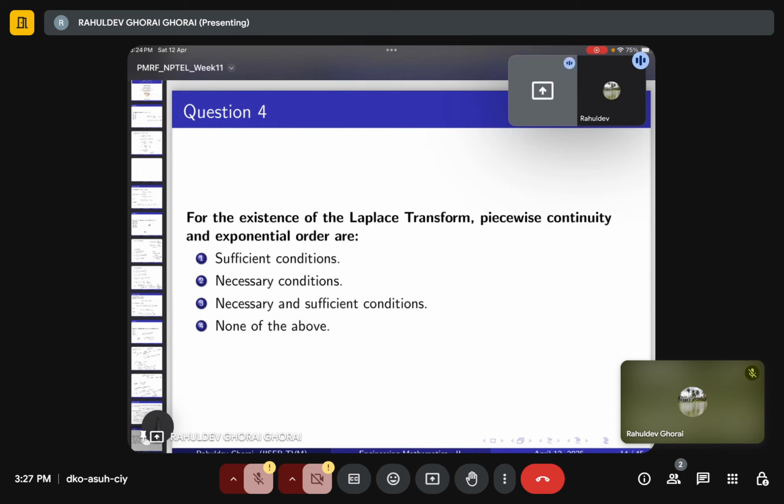For the existence of Laplace transformation, we need piecewise continuity and exponential order. So whether you will get the Laplace transformation of any function or not, if that is the question, the answer will be no, because the existence of Laplace transformation needs piecewise continuity and exponential order.